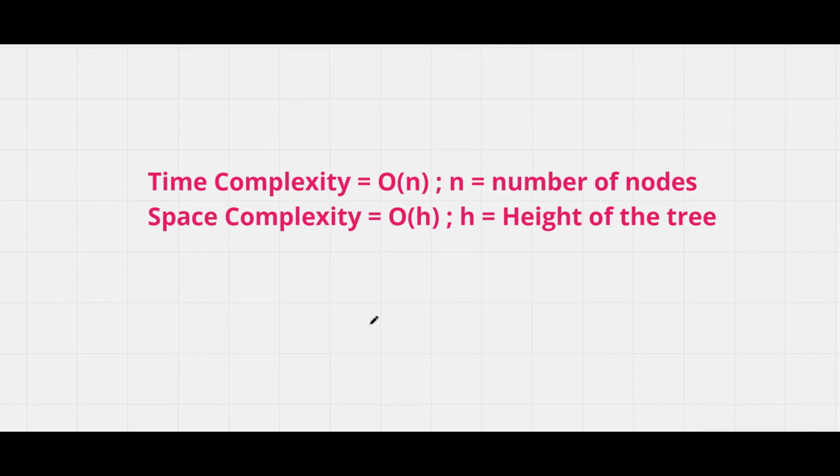And the space complexity of this algorithm is big O of h, where h is the height of the tree. Because in the recursive call, the maximum height of our call stack can be equal to the maximum height of our tree. So here we can see that the space complexity of this program is big O of h.